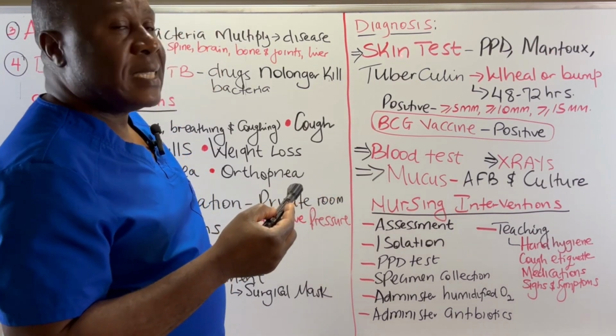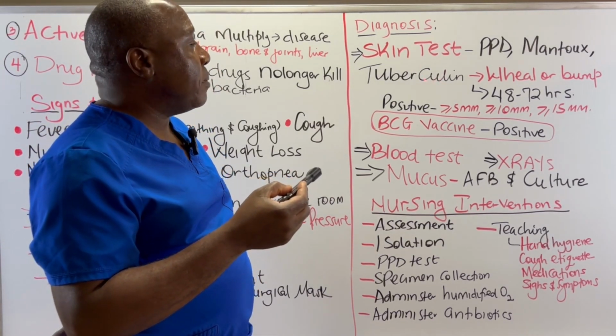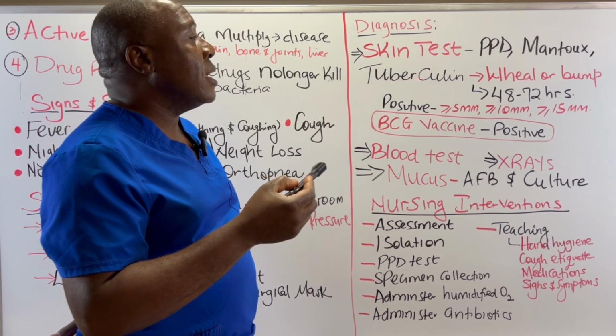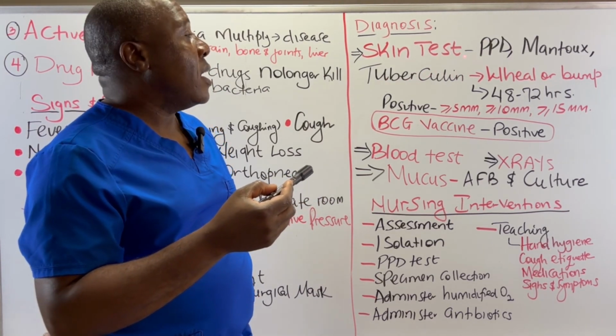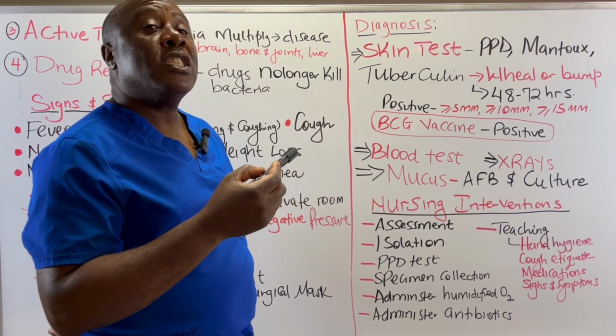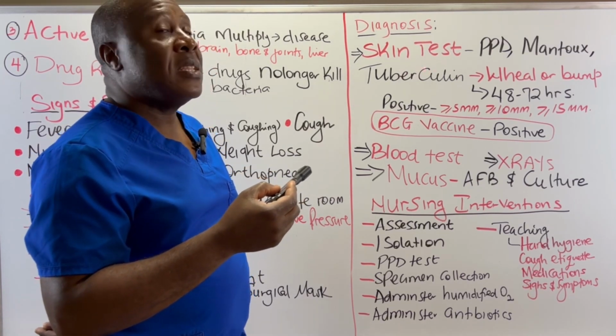This is a test whereby a very small amount of a substance called tuberculin is injected under the skin. We normally inject about 0.1 ml of this substance under the skin.